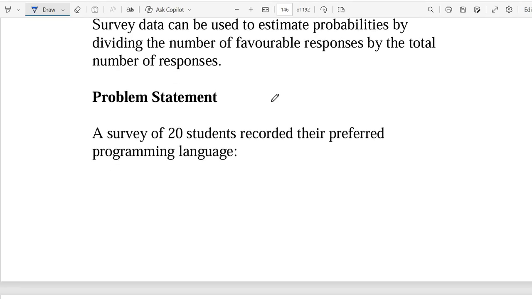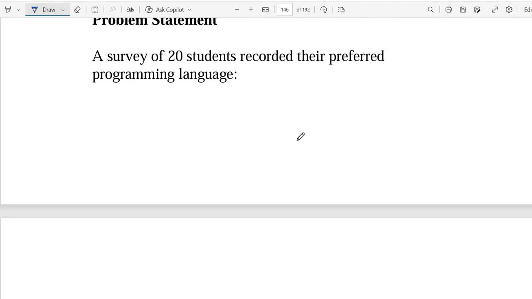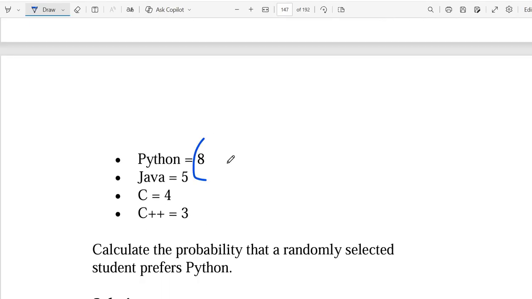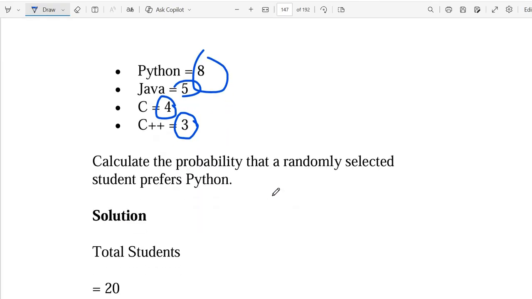A survey of 20 students recorded their preferred programming language. 8 students selected Python, 5 students selected Java, 4 students selected C, and 3 students selected C++. Now we will find the probability of students selecting Python, right?